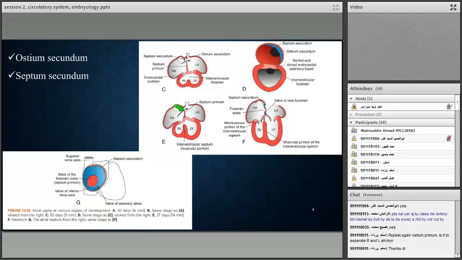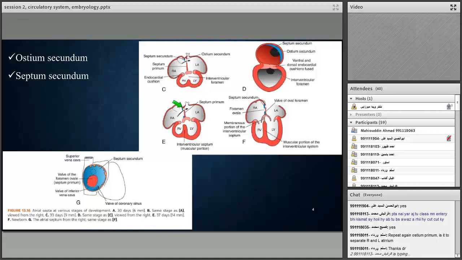But at the time of the right atrium expansion, listen please, this part is so important and so hard. You have to understand. At the time of expansion of the right atrium, another septum is forming from the roof of the right atrium.